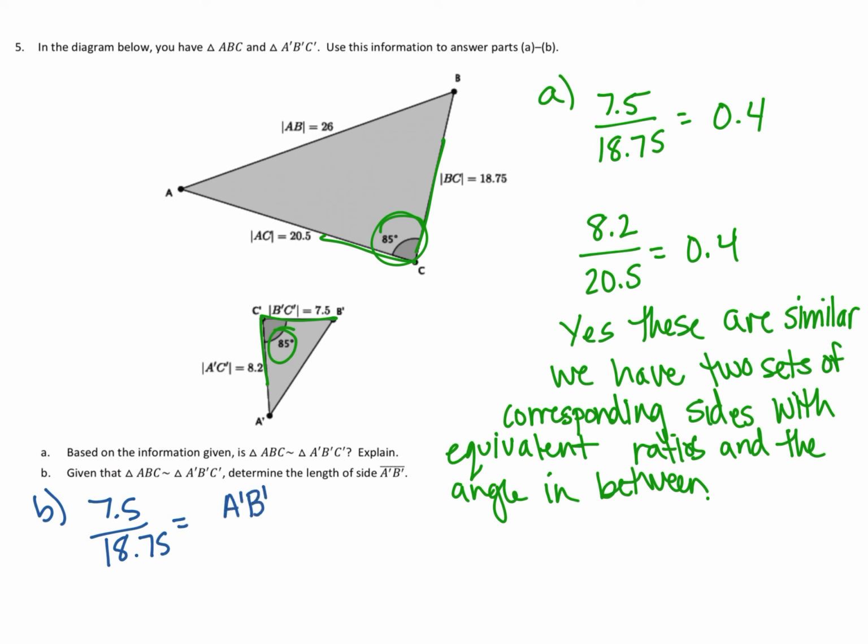A'B' goes on the top, and AB, the original, is going to go on the bottom. You will cross multiply and then divide and determine A'B'.